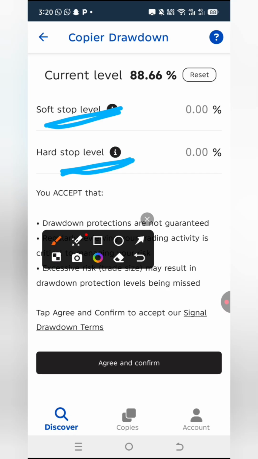It will not accept any loss from you again until you come back and reset. You have to come back and reset this system before you start trading. But with soft stop loss, when it gets there, it cuts it off, it accepts the loss at that percentage. But if there is a new trade from Lexo, it will trade for you.